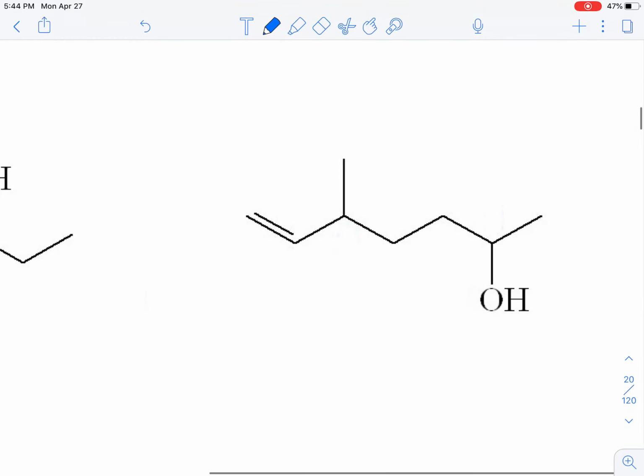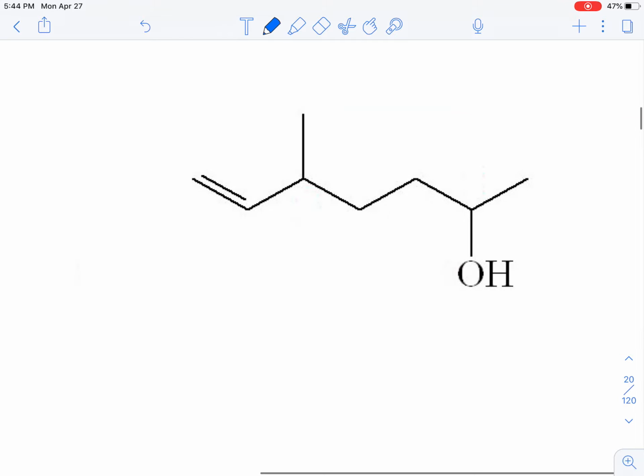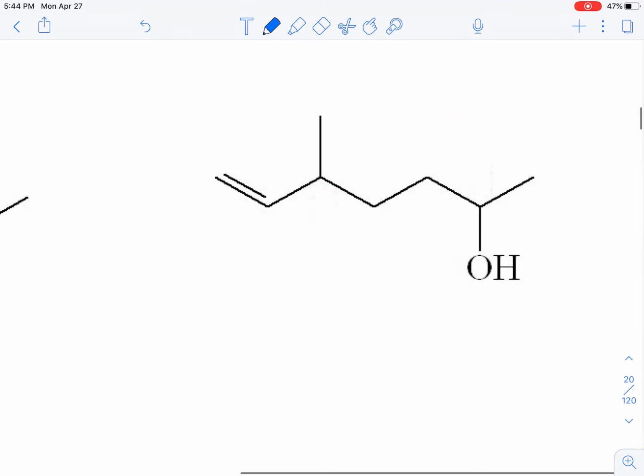It involves a double bond, and you can apply this concept to triple bonds as well. Here we have this organic compound, and it looks like we have a double bond present. We need to learn how to name alcohols with a double bond or a triple bond present in the longest carbon chain.